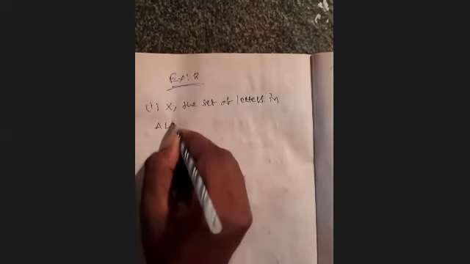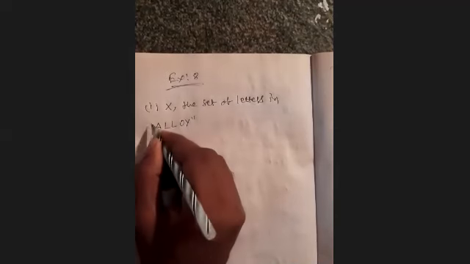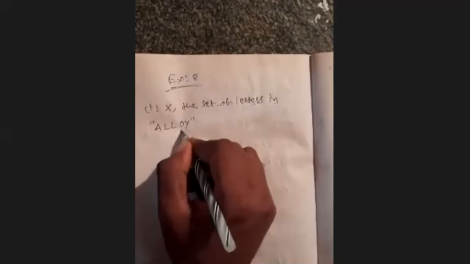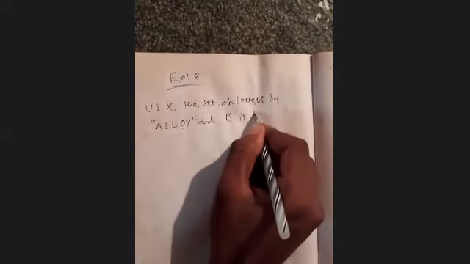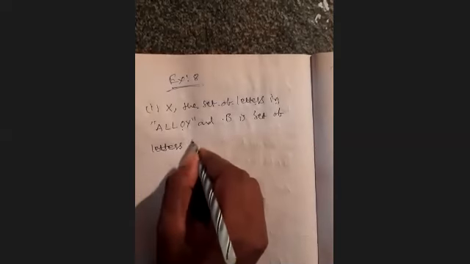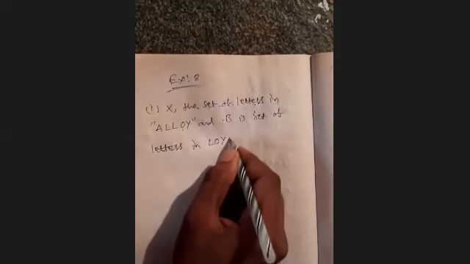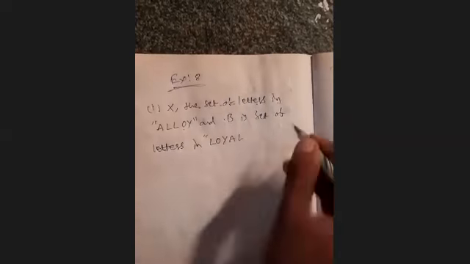Some questions we can answer just by seeing them. X is the set of letters in the word ALLOY, and B is the set of letters in the word LOYAL.